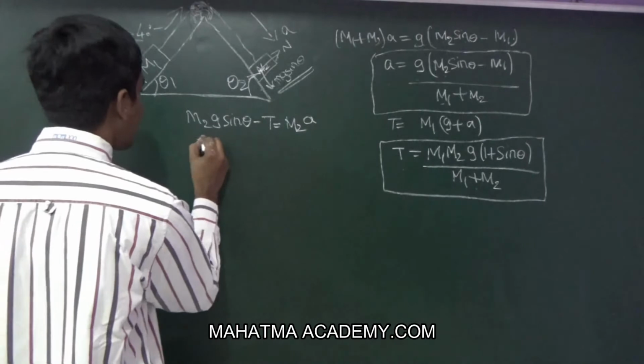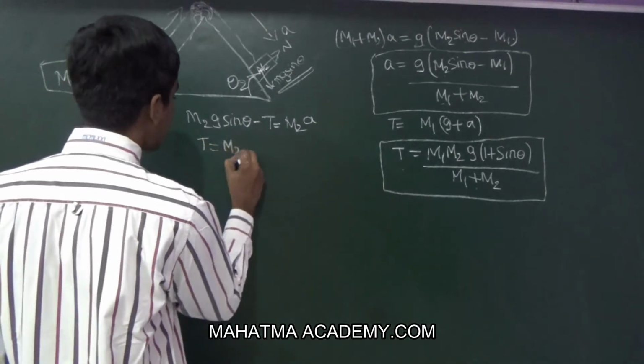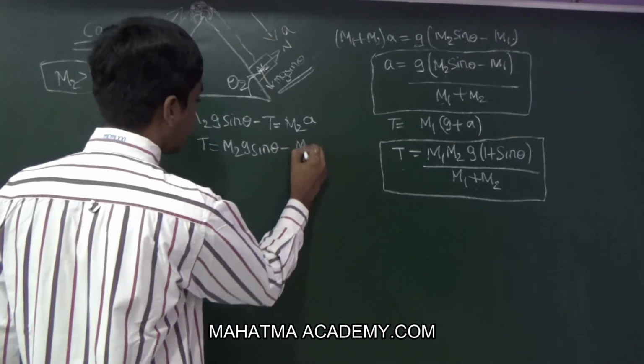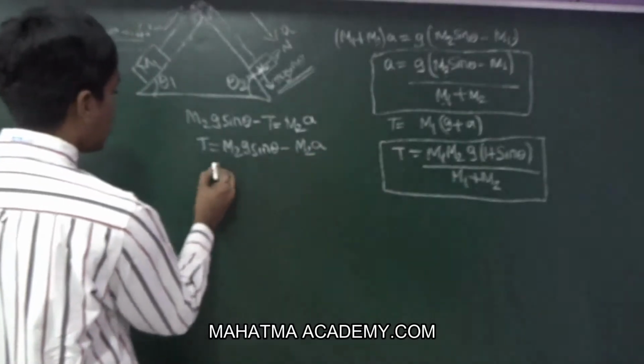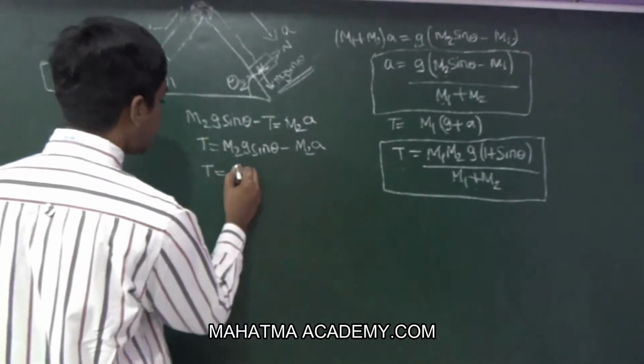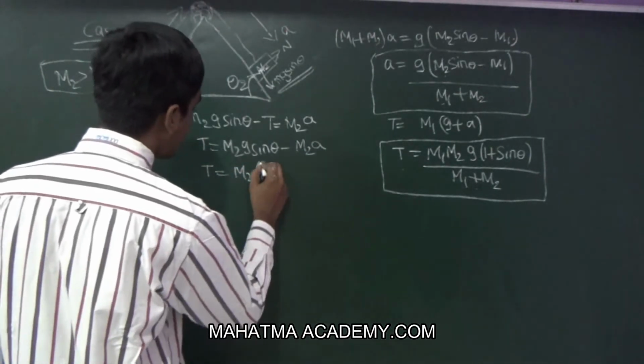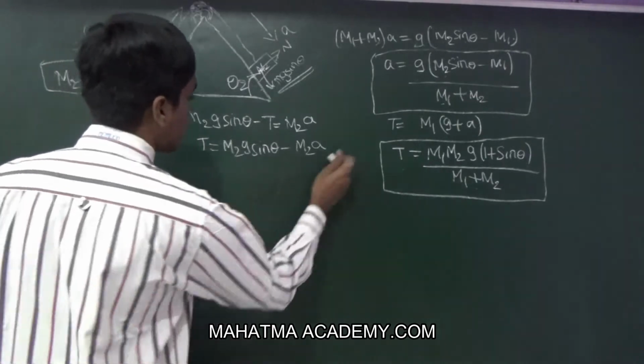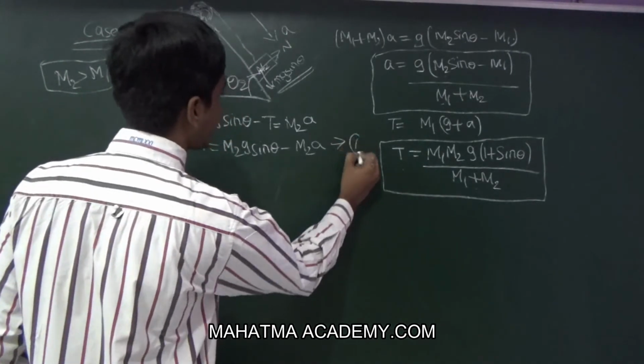Now the tension will become M2g sin theta minus M2a. It is taken as 1.